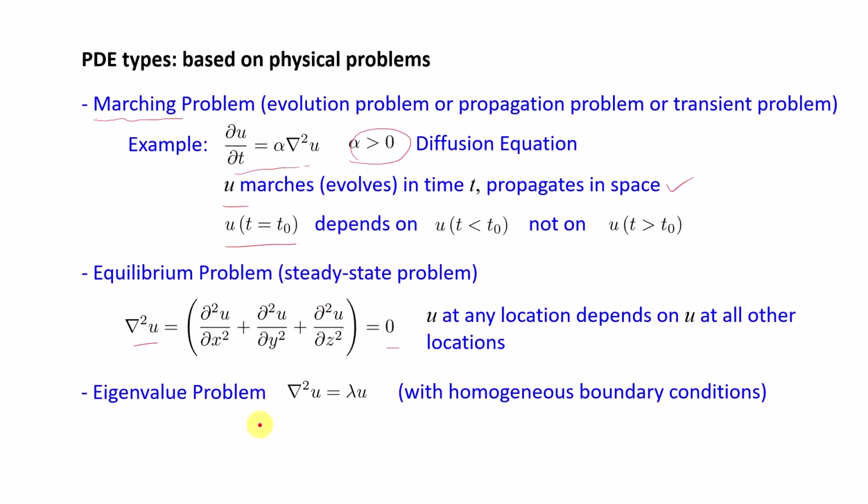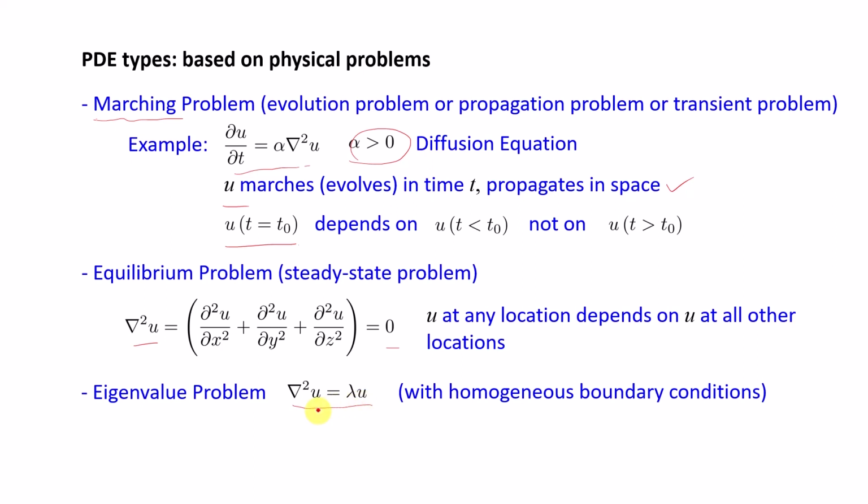The third type of problem is the eigenvalue problem, where we have equations like this: del 2 u equals lambda u. You remember from linear algebra, this lambda is like an eigenvalue, and with homogeneous boundary conditions. So in the boundary we have a certain function of u equal to 0.